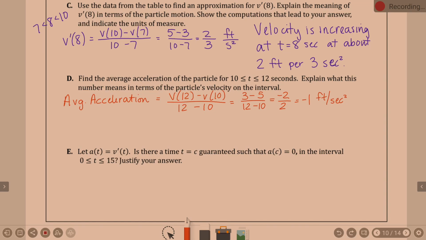They asked us what this means in terms of the particle's velocity. So if our average acceleration is negative 1 foot per second squared, what does that mean in velocity? Okay, yeah. It means the velocity is decreasing on average at a rate of 1 foot per second squared.